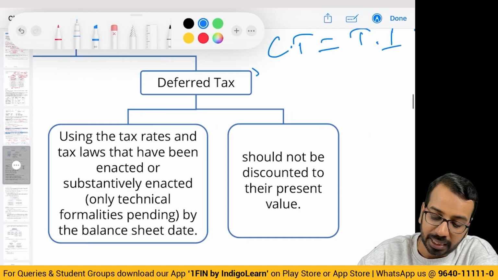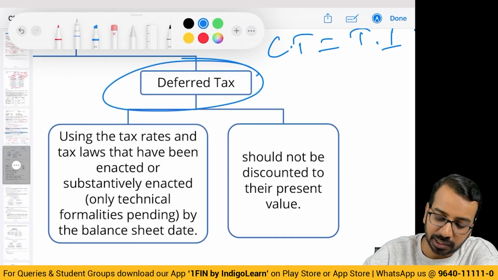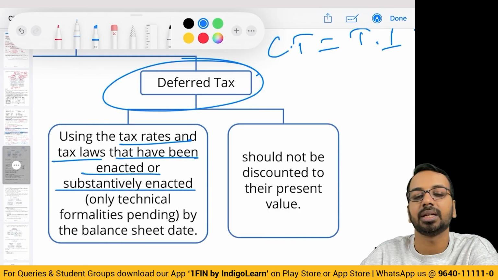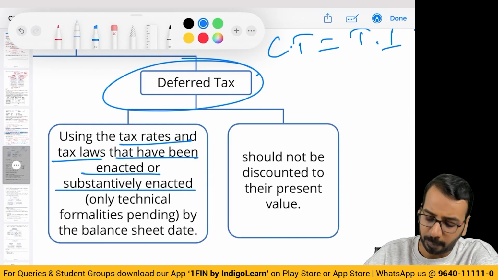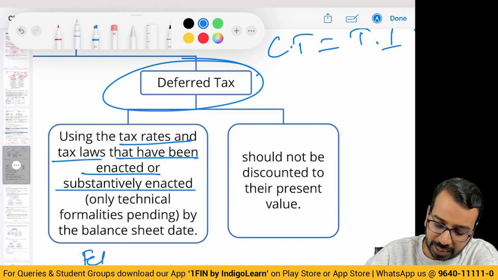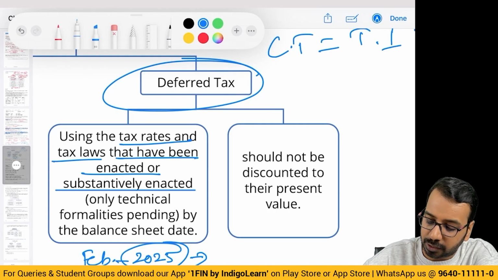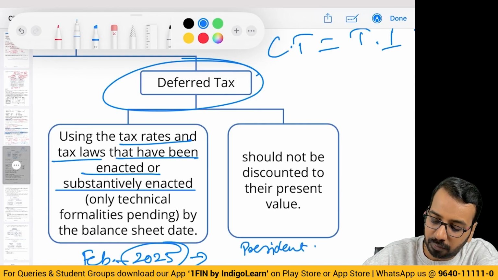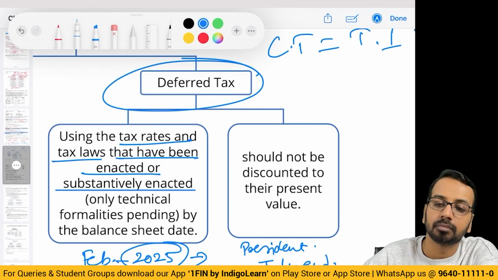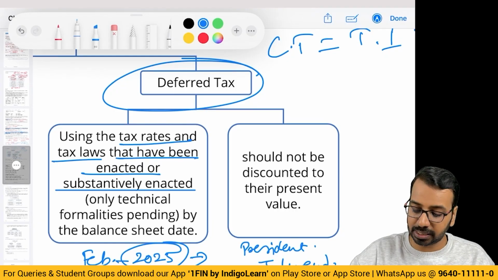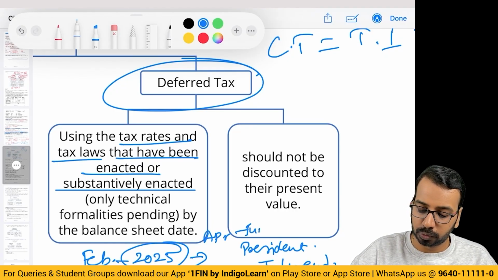But when it comes to deferred taxation, you will take the tax rates and tax laws that have been enacted or substantively enacted. Meaning to say, the budget is presented in, let us say, February of 2025. Assume for a moment the parliament has passed it, but the president's approval will be received at the end of July, and you are preparing the first interim financial report for the first quarter, April to June.